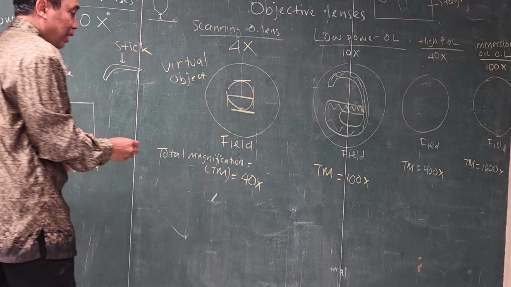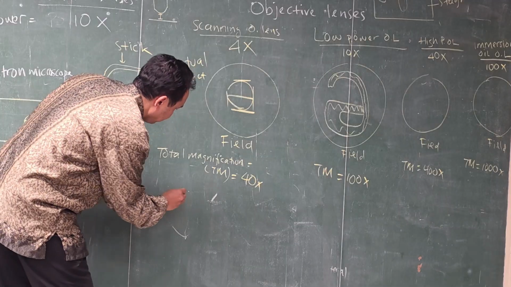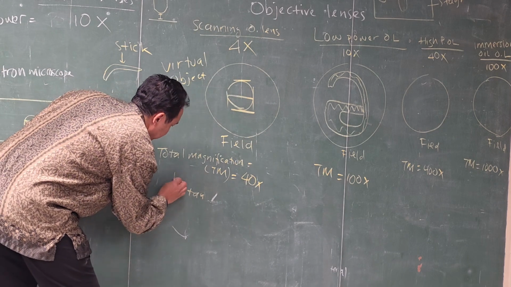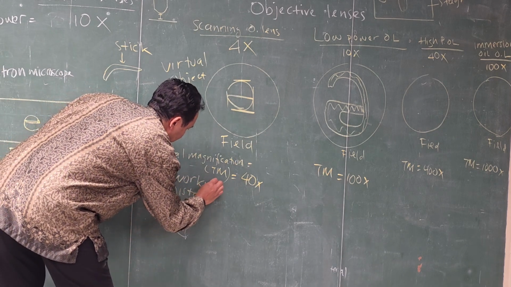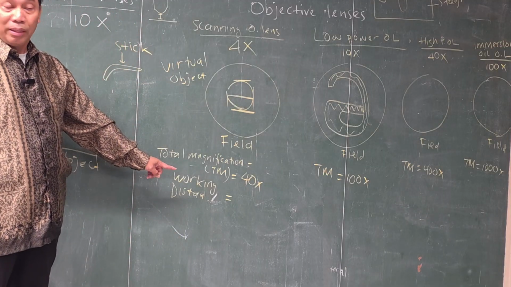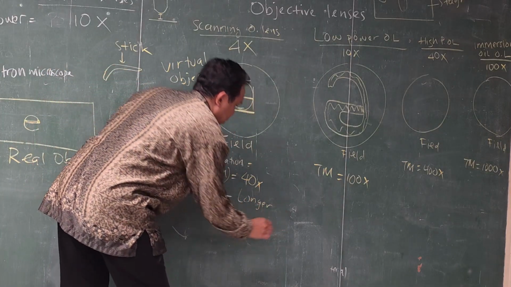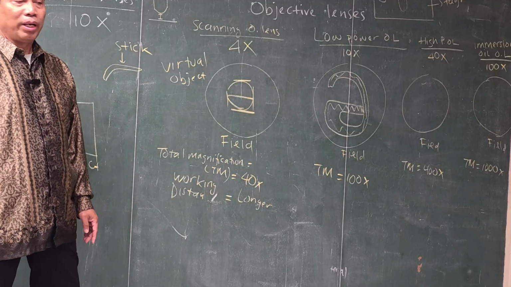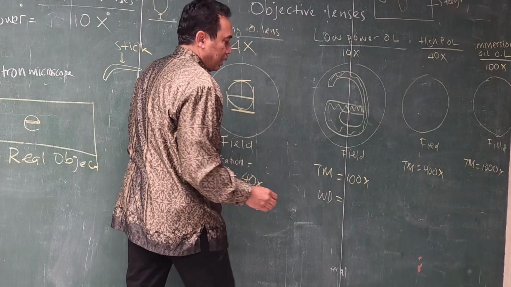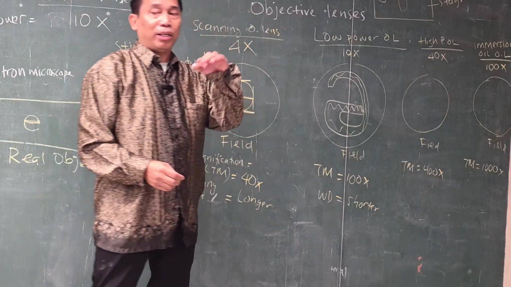So we can say the working distance for the scanning lens is longer. We're going to use WD for working distance. WD for this one is actually shorter. Now the lens is very close to the object.